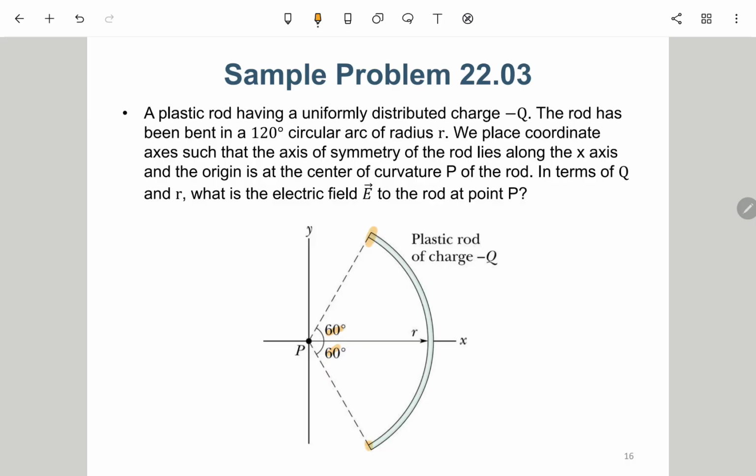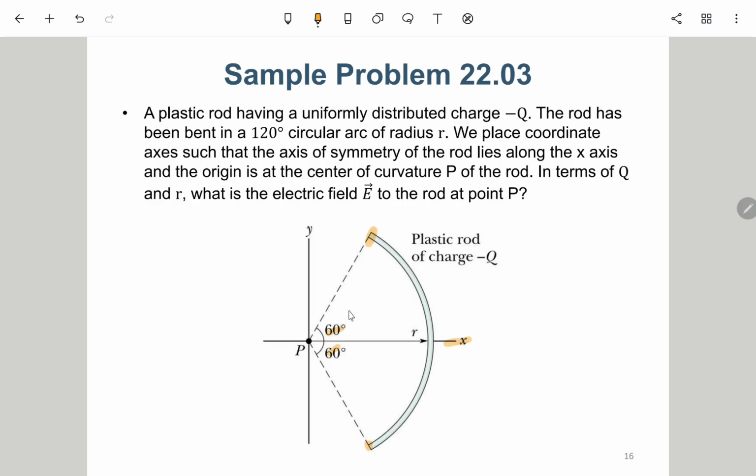Something like this, starting from here to there. With a radius small r, place the coordinate axes such that the axis of symmetry of the rod lies along the x-axis. 这个是对称轴, the symmetry axis of the rod.